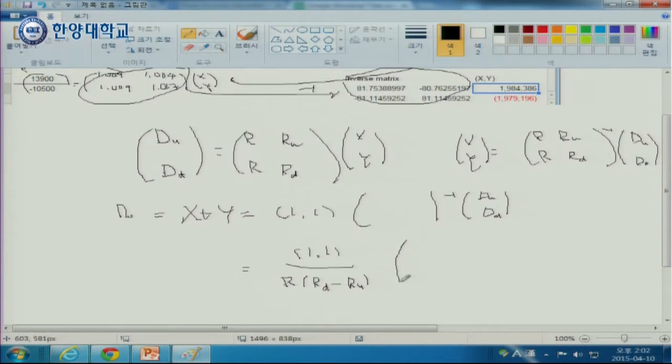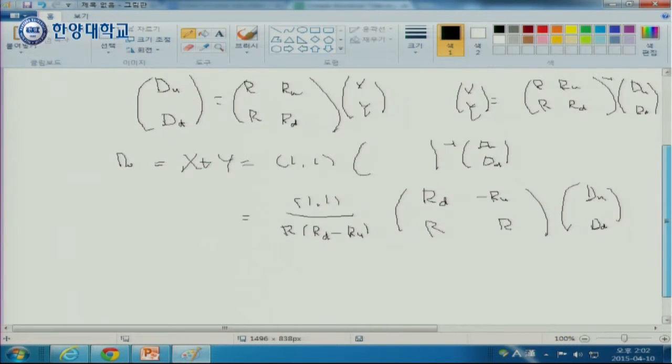And then in matrix algebra, we change the location of these two. So RD, R, and we put minus RU, and then R, something like this, and then DU, DD, right? Now it is high school math.